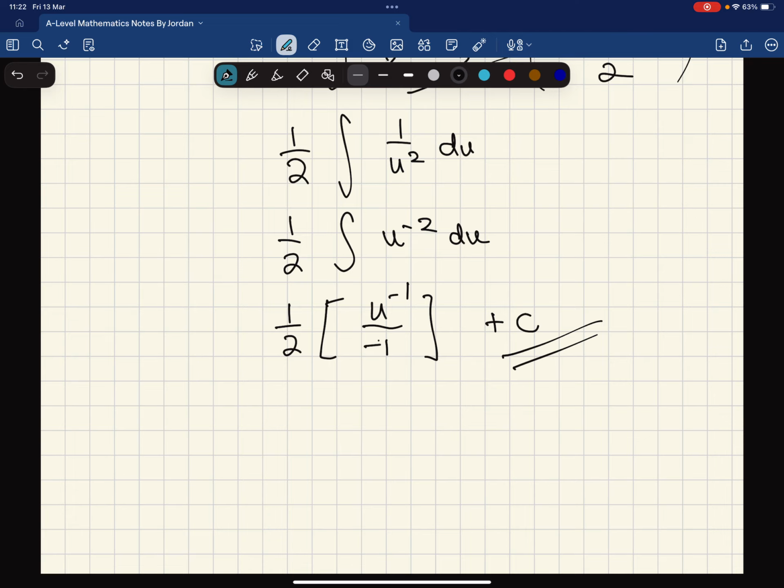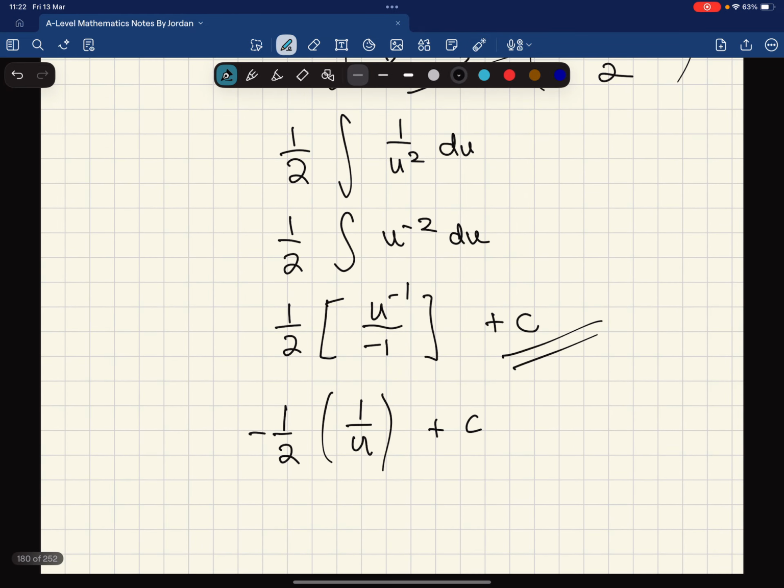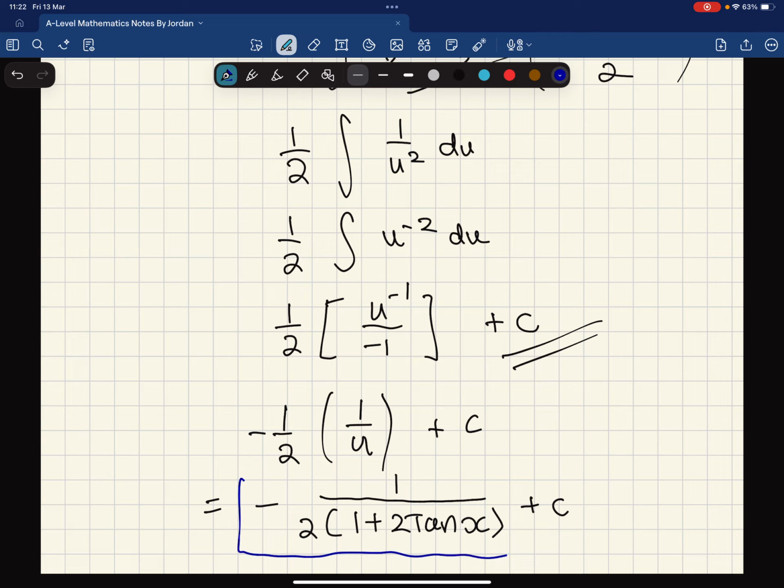That minus 1 I'm going to pull out to the front, so it's minus 1/2, and then remember, if we have a negative 1 power, I can write that as 1 over u. And then don't forget to also put u back in, which was 1 plus 2 tan x. So this is going to give us, there we go, that will be the final answer.